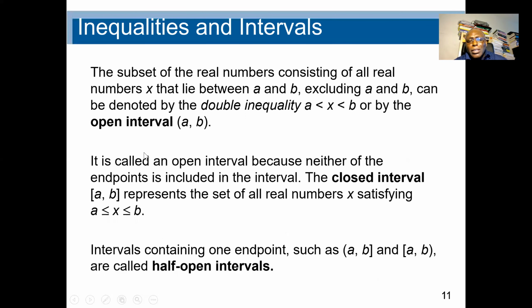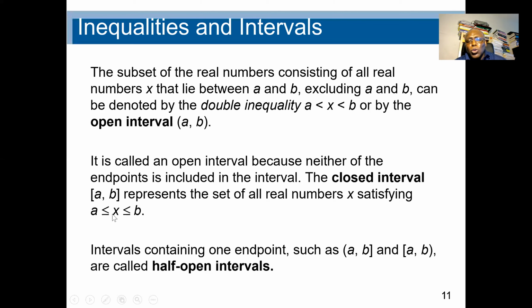We also have an open interval. What we mean by open interval is the values between a and b. So if I have x greater than a but less than b, it means x is between a and b. Or we can say x is less than or equal to b and greater than or equal to a.